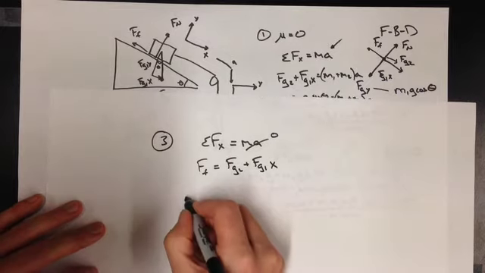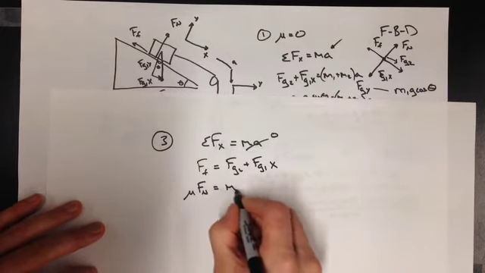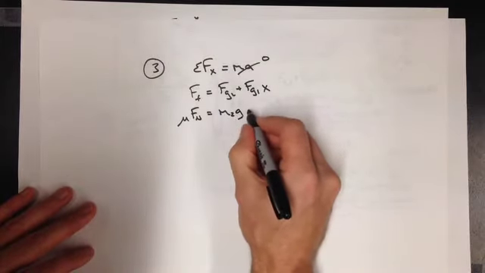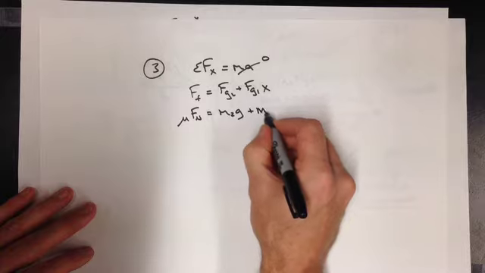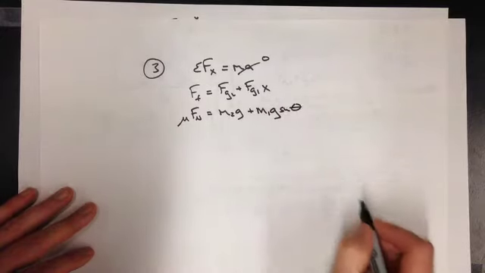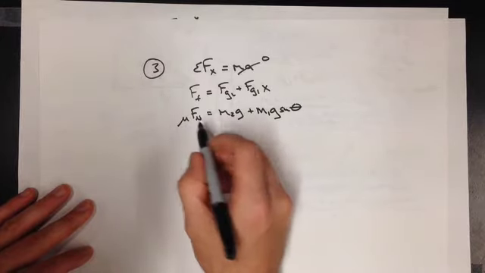So I end up with mu Fn is equal to m2g plus m1g sine theta. And so I need to go back here and look at what my Fn is.